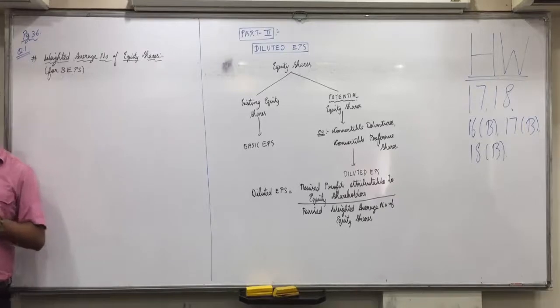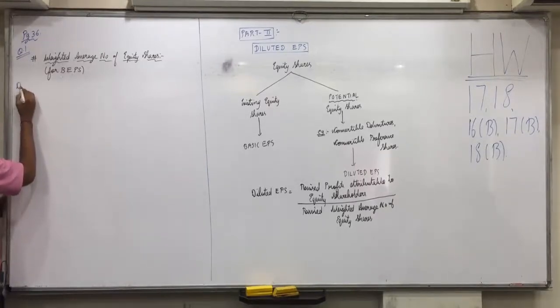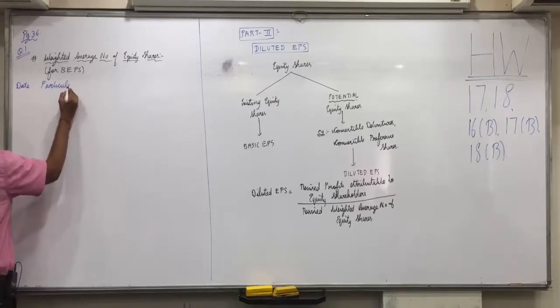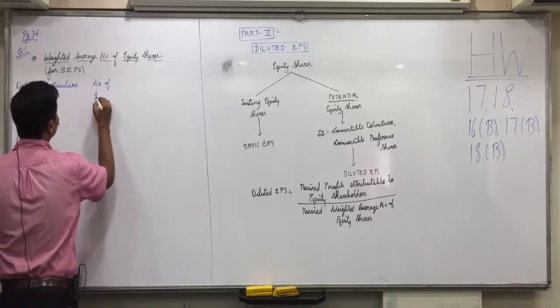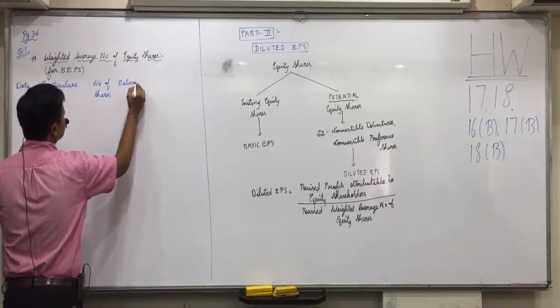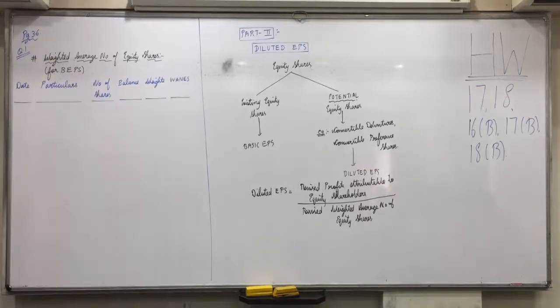Columns: date, particulars, number of shares, balance, weights and weights. Understand it first, then you can write it down.